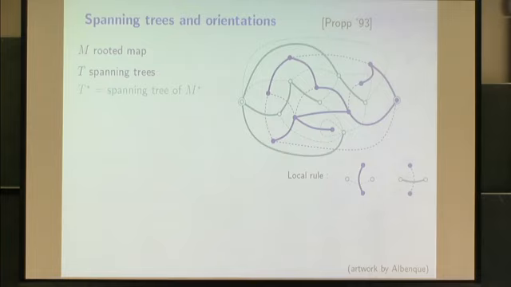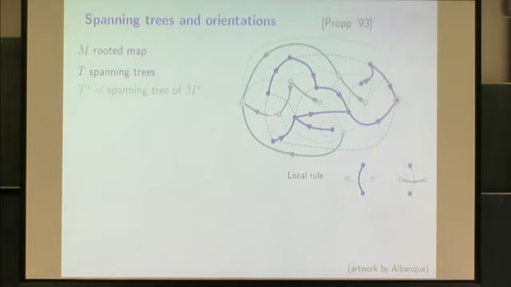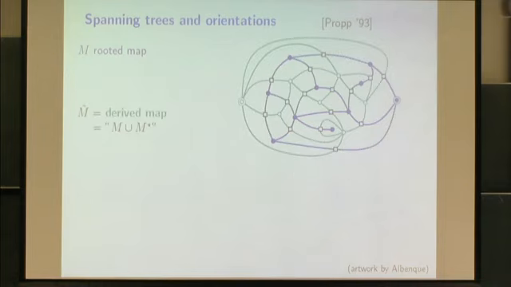If you orient the edges of this spanning tree toward the root, then you get almost an orientation, a partial orientation, and you can convert this into an orientation by working on the derived map, which is the union of the primal map in blue and its dual in green.